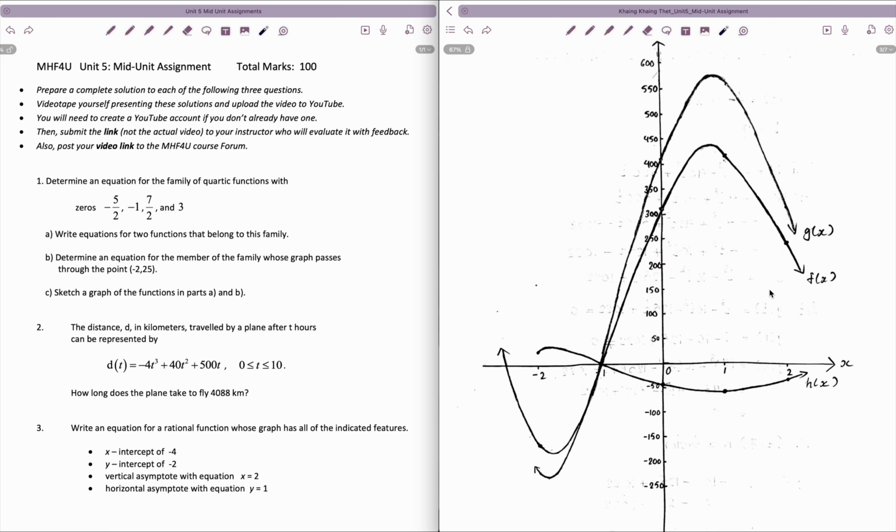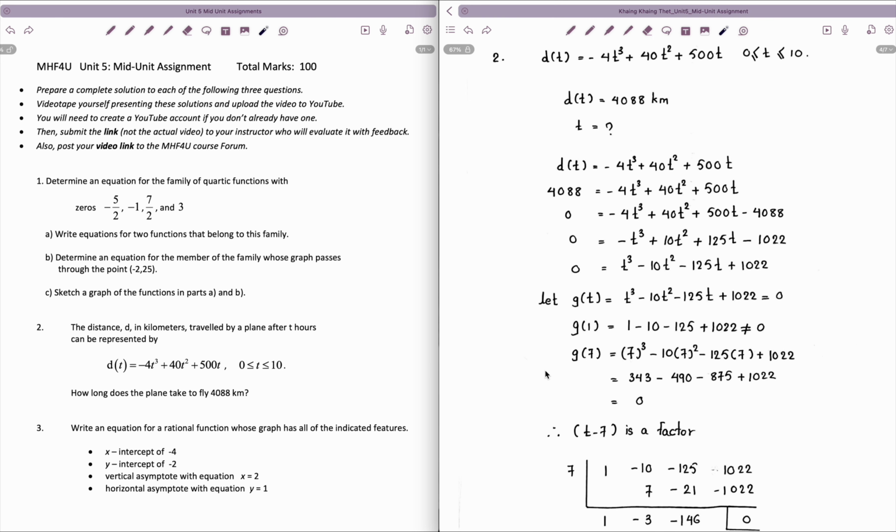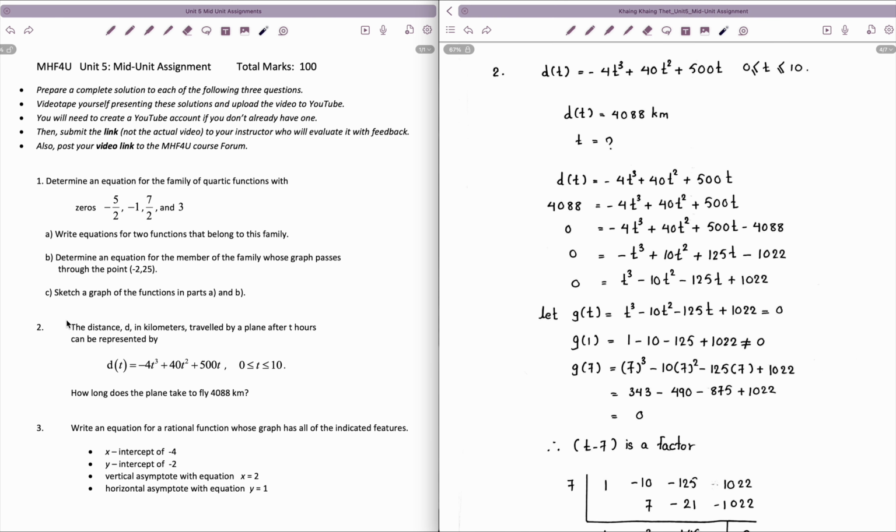If any of the factors of a polynomial function are linear, then the corresponding x-intercept is a point where the curve passes through the x-axis, and the graph has a linear shape near the x-intercepts. So that is number 1, and next is number 2.